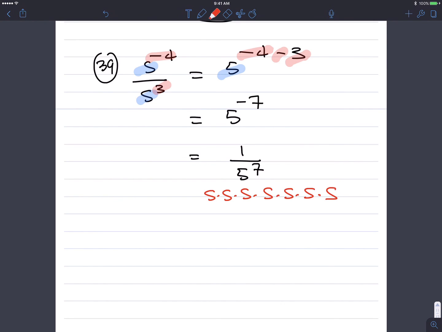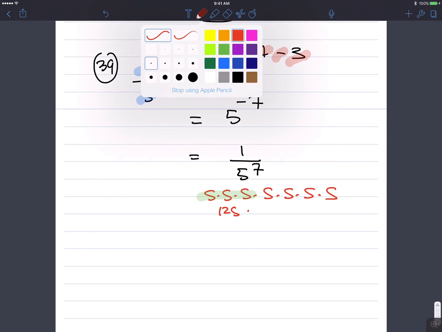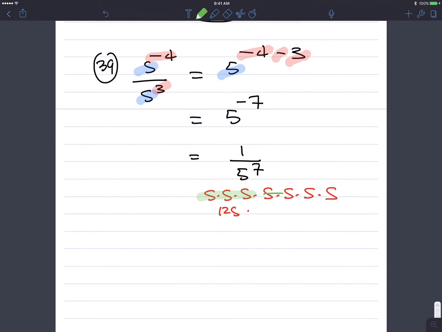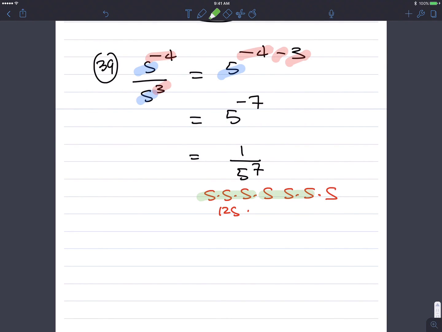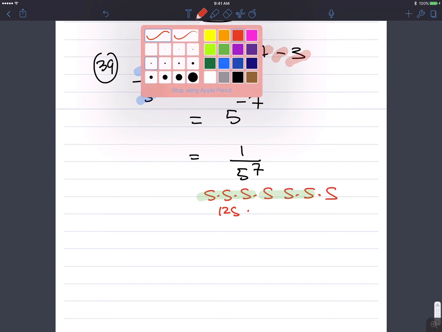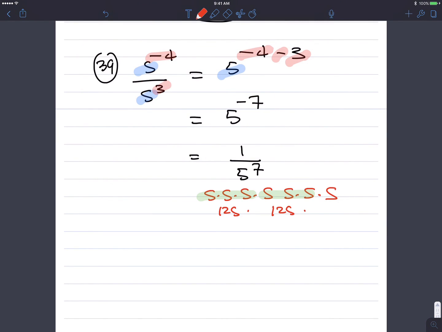I want to point this out. Let's keep track. This number is 125. That means if I multiply the other 3 here, 1, 2, 3, that's another 125. And then it's multiplied by the last one, which is 5.